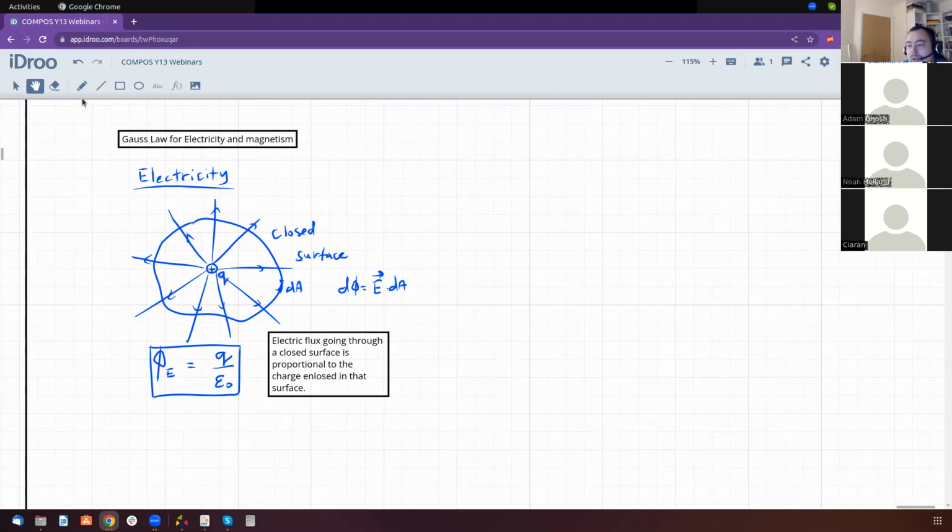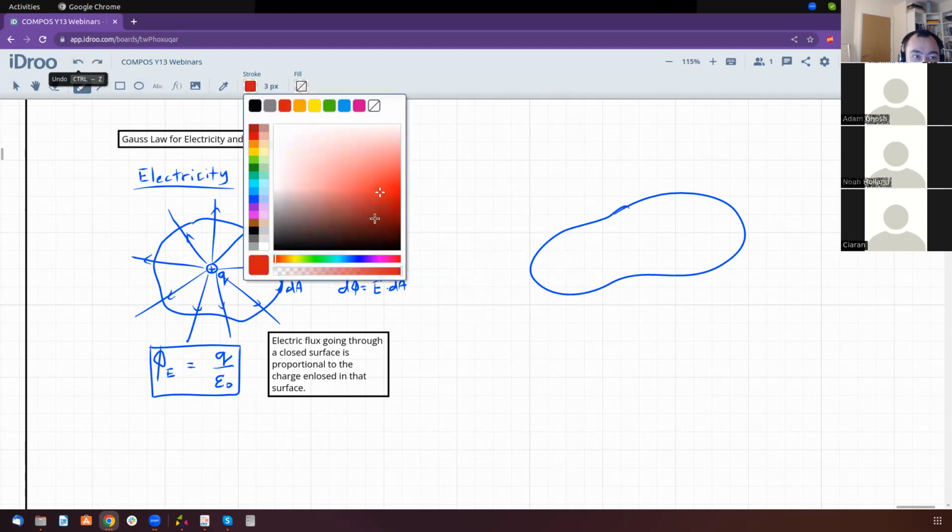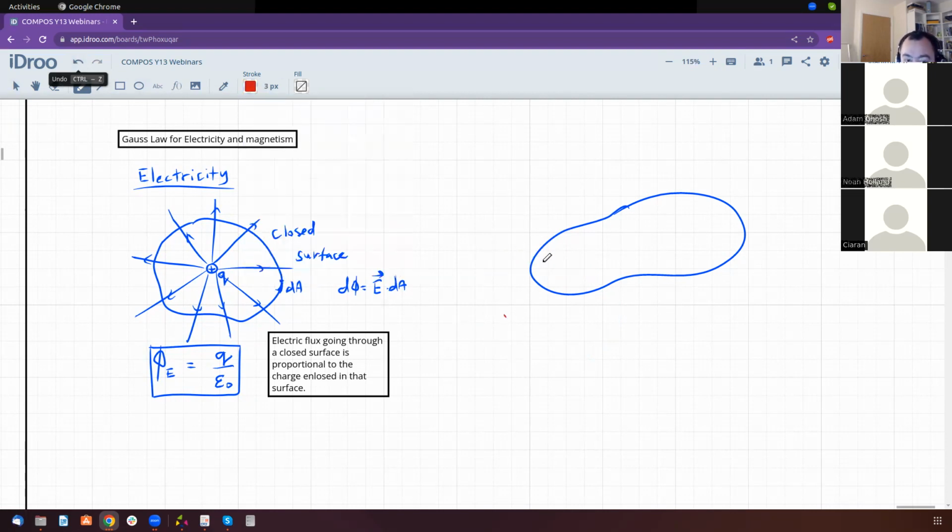Now, with magnetic fields, if you have a closed surface, the magnetic fields are circular. The magnetic field lines are closed loops. Because of that, we don't have a point of origin.